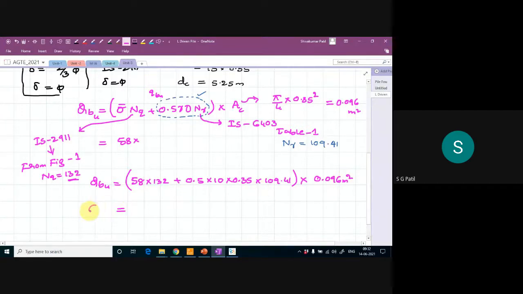So tell me how much you are getting for Qbu, the base resistance. I am getting around 755 kilonewton.